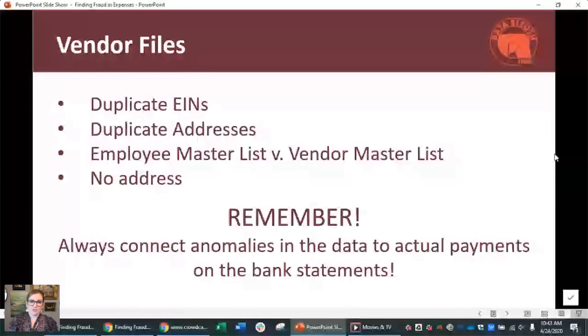I'm not going to show any examples on this next slide, because essentially what we did in identifying ghost employees in the Finding Fraud in Payroll webinar is the same thing we're going to do with a vendor file with the client, if they do have a vendor file, which I have to tell you, most of our clients don't, especially if they work in QuickBooks, because you don't have to set up a vendor record to be able to pay vendors in QuickBooks.